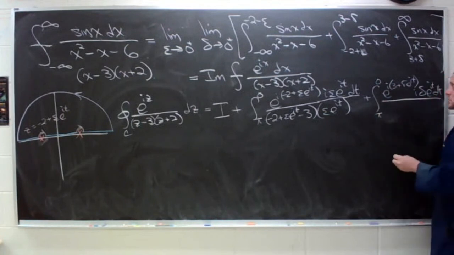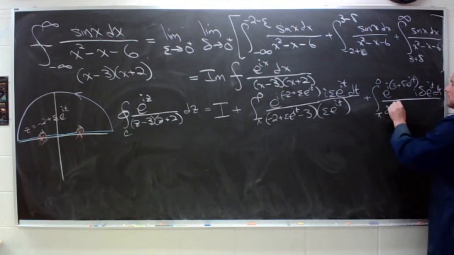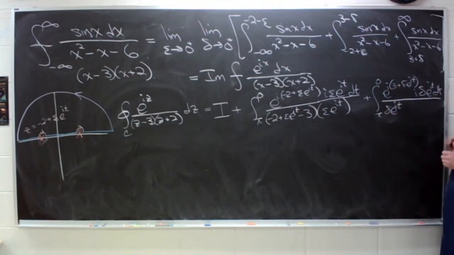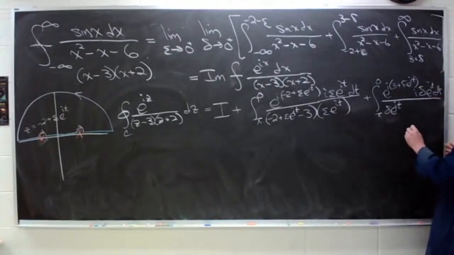We're doing z minus 3, so that's going to be delta e to the it in the first piece, and then z plus 2.